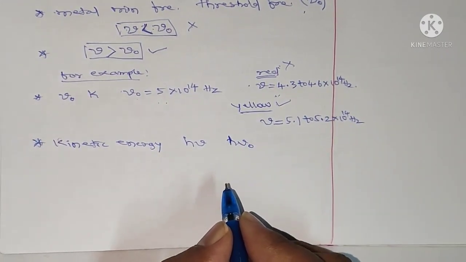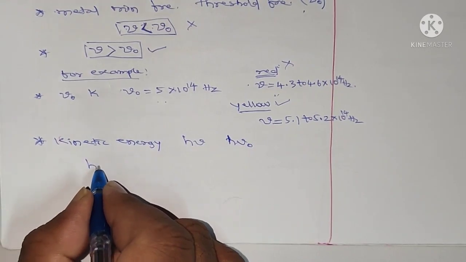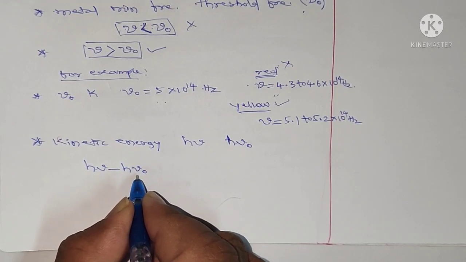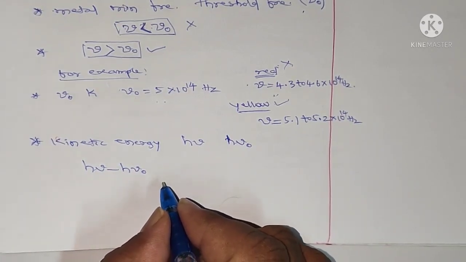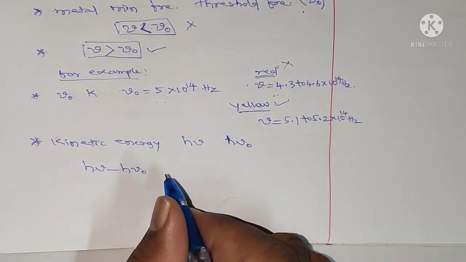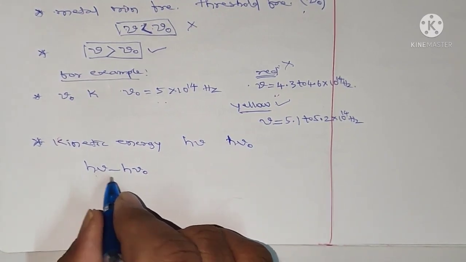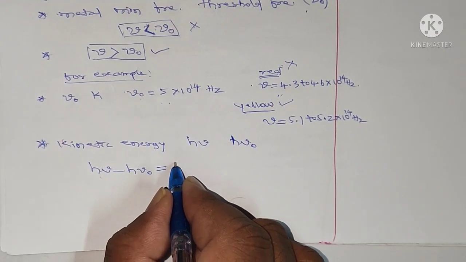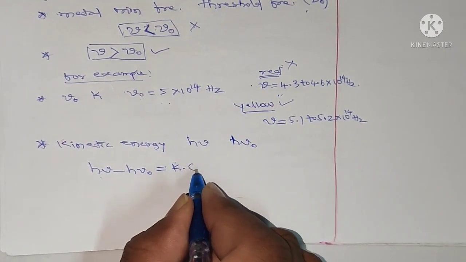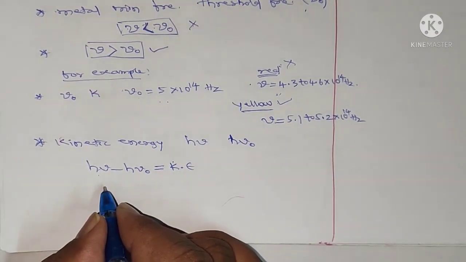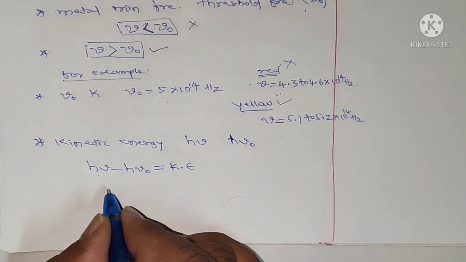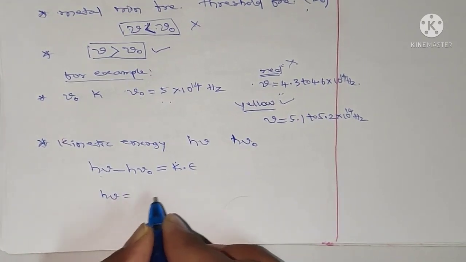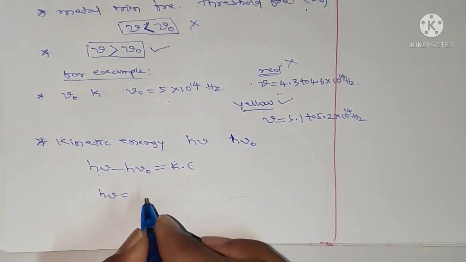Then the difference in energy, h nu minus h mu naught, is transferred as kinetic energy. So h nu minus h mu naught is equal to the kinetic energy, KE.